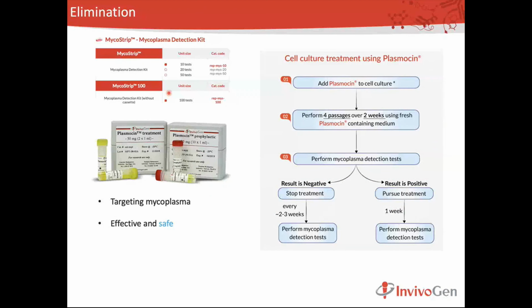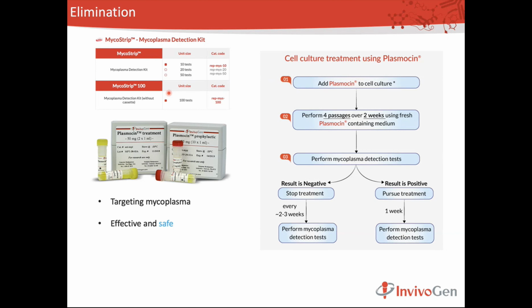So we talked about prevention and detection. So how about elimination? Unfortunately, once we have the contamination, to be honest, the best advice will be to throw it away, because it can prevent other cell cultures or the lab environment in general from getting contaminated, or avoid the spreading of the contamination.